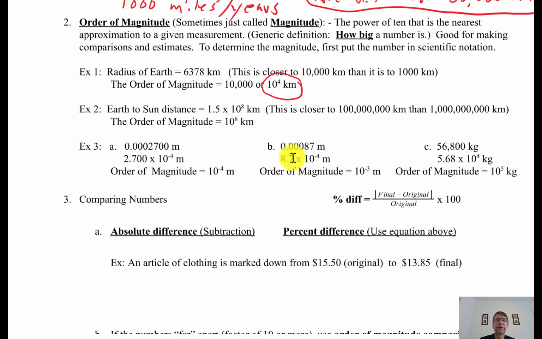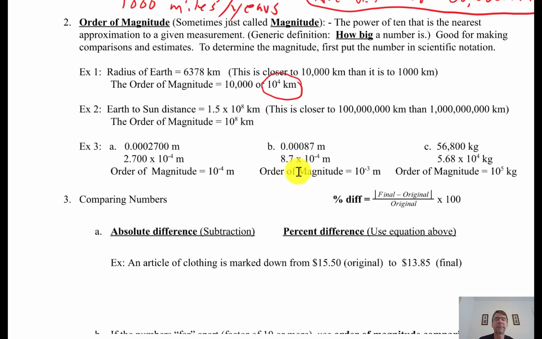But let me give you another example. If you have 0.00087, which is 2 sig figs, it's 8.7 times 10 to the negative fourth meters. But in this case, the order of magnitude is 1 higher.